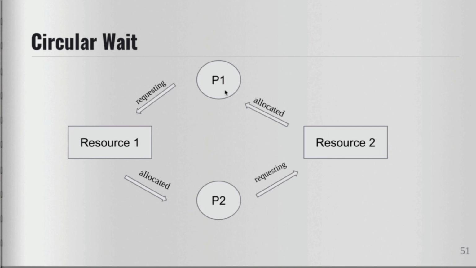You can't get that until each process completes its execution, and this is never going to happen, because this is not going to be released until this completes, and this cannot complete until it gets the resource being used by this one. So it's called circular wait.